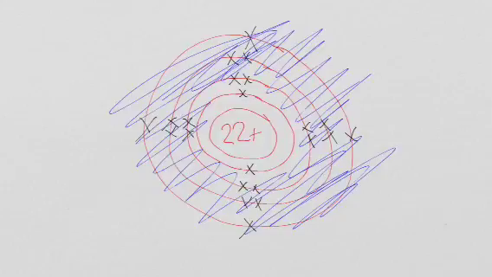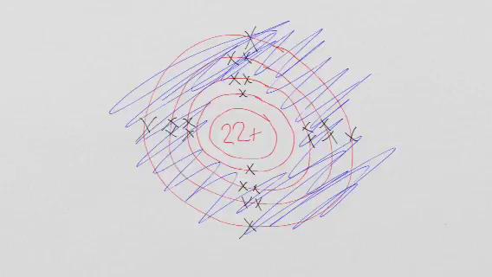Same thing if I ask you to draw me the Bohr-Rutherford model of, I don't know, sulfur, okay? You would look for sulfur on the periodic table, and you would look for what? No, that's titanium. Good try, though. You would look for sulfur. 16.